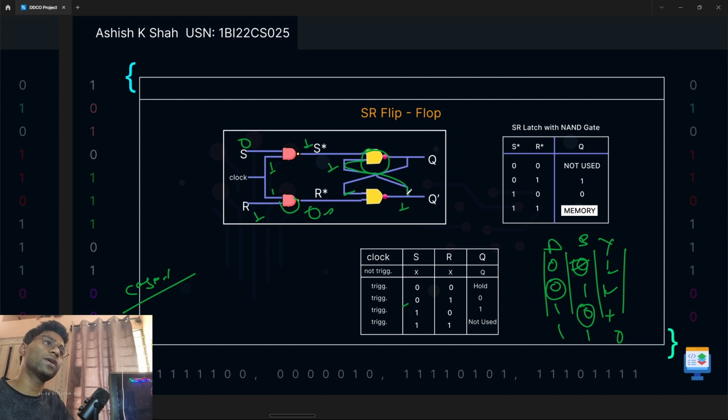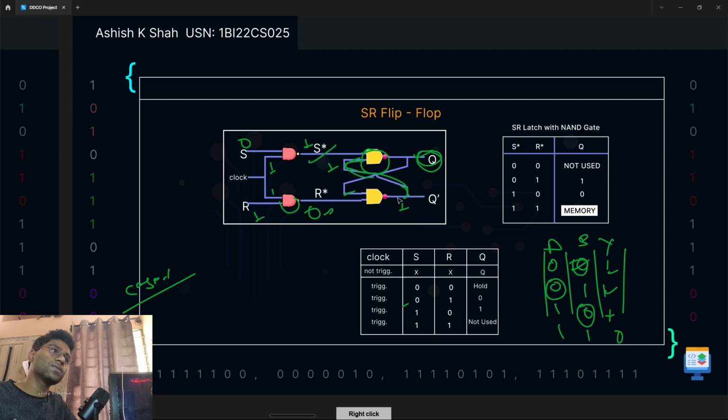When S is 1, and we are also giving this as an input 1, because this is a sequential circuit, not a combinational circuit, and a flip flop is made of sequential circuit. So we are giving output as feedback, because if we take this as the present output, then its present output depends on what?